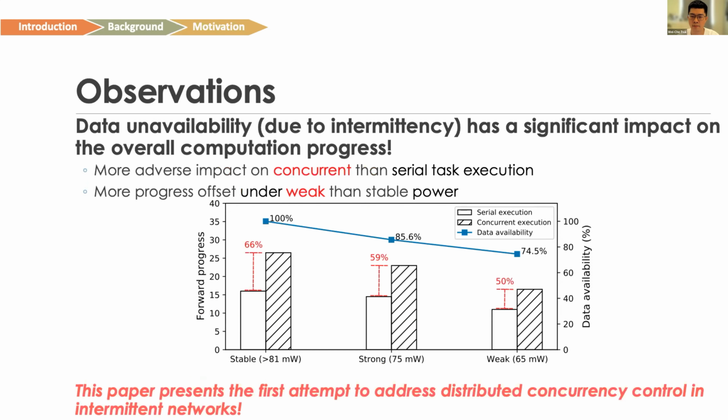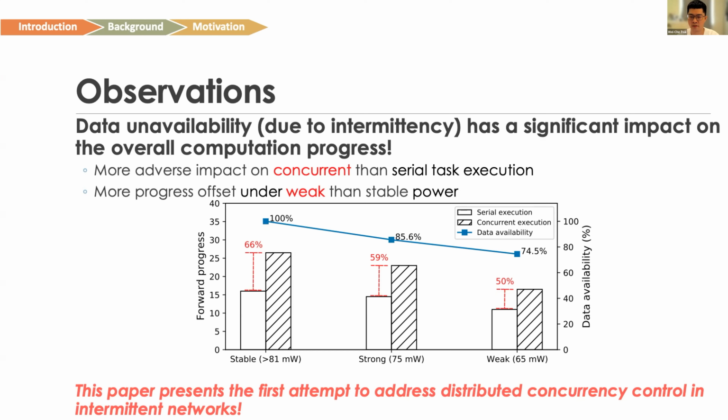To observe the impact of intermittency, we conduct an experiment on an intermittent network with distributed tasks sharing remote data. We found that the data unavailability caused by intermittency has a significant impact on the overall computation progress. This is because a task will be blocked when it tries to retrieve data from the offline node, reducing the forward progress achieved by the network.